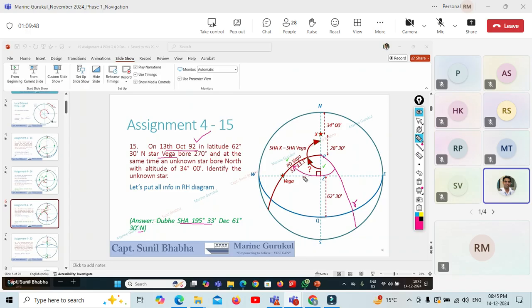I've shown the SHA of Vega in the diagram, beta. Can you see that red color angle? Is it clear, beta? The red color angle, SHA of Vega?